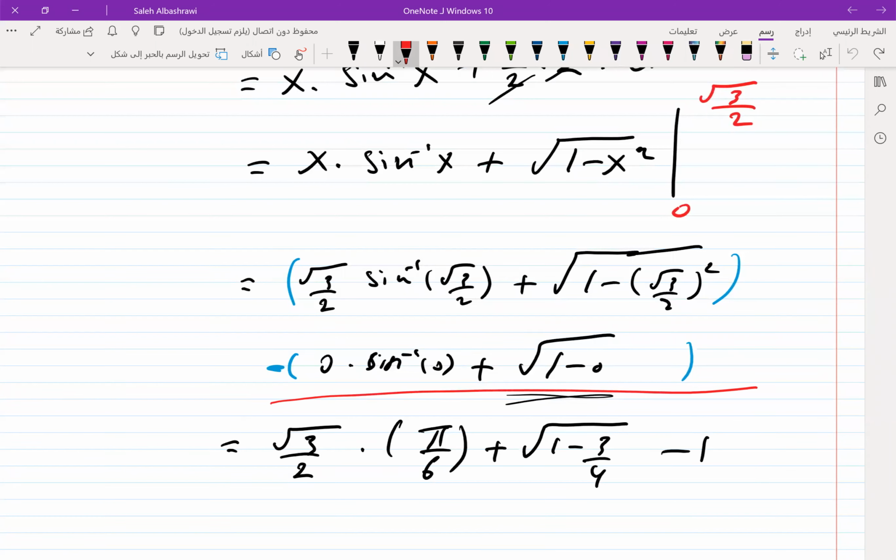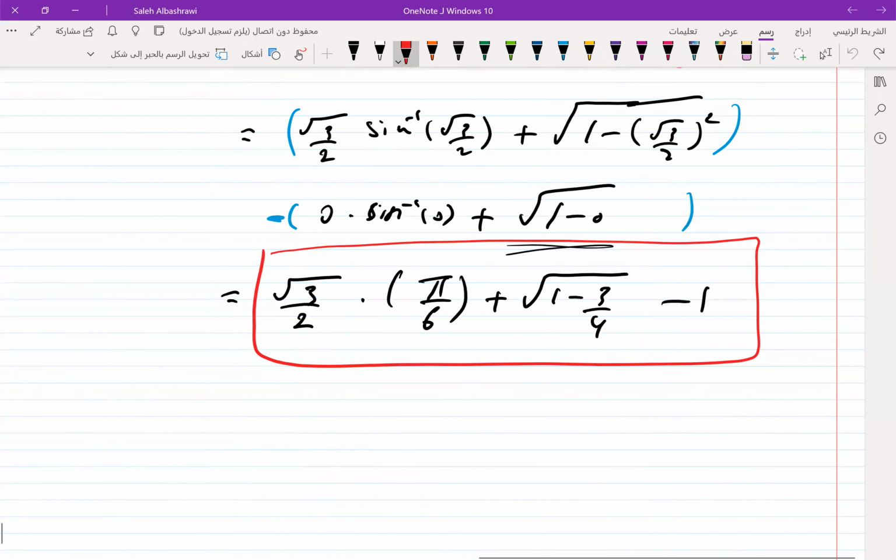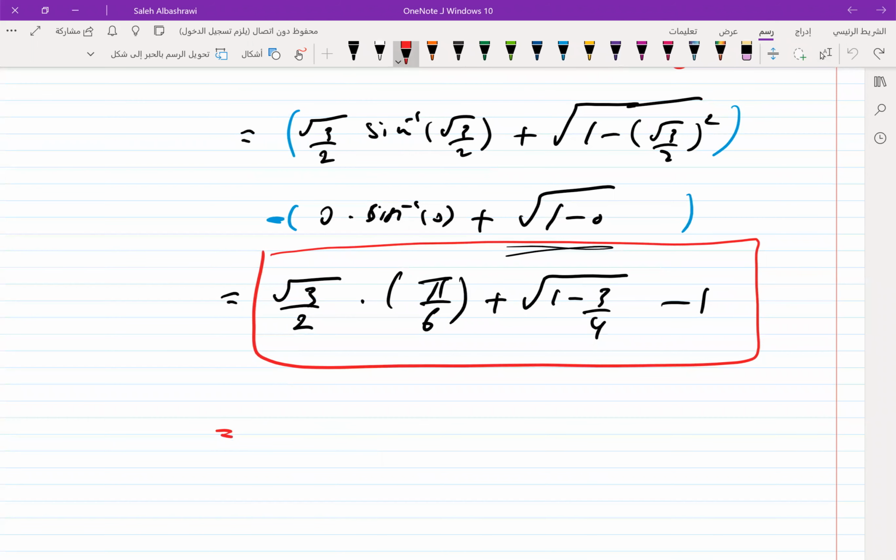You can use the calculator to simplify this value. So it is square root of 3 divided by 2 multiplied by pi over 6 plus square root of 1 over 4, or it is just 1 over 2, minus 1. Simplifying it more, it will be square root of 3 pi over 12.